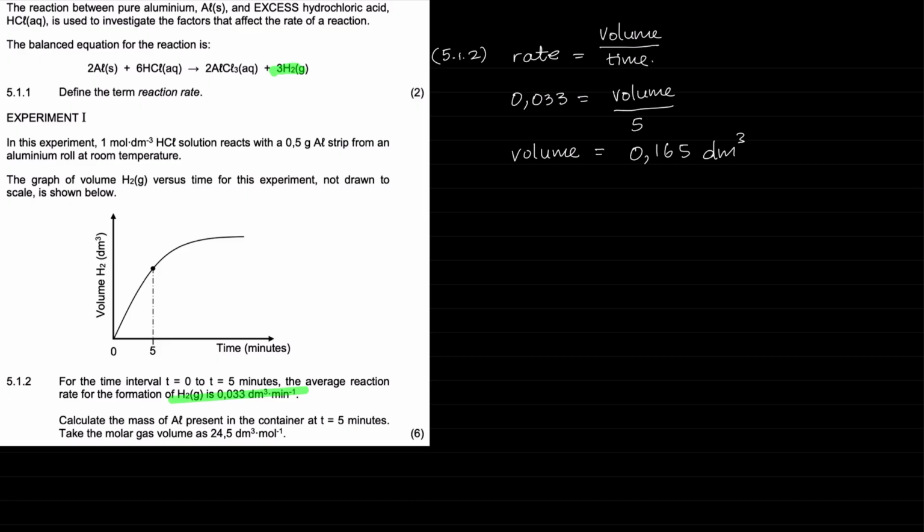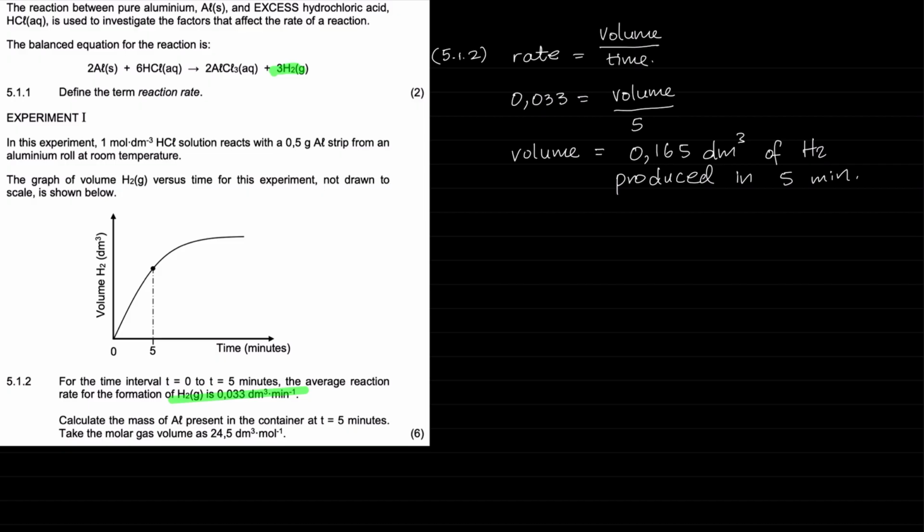Let's make sure we write out exactly what this is: 0,165 dm cubed of hydrogen gas produced in the 5 minutes. I always think it's a good idea to write it out, though it's not necessary all the time, so you have an idea of exactly what's happening.